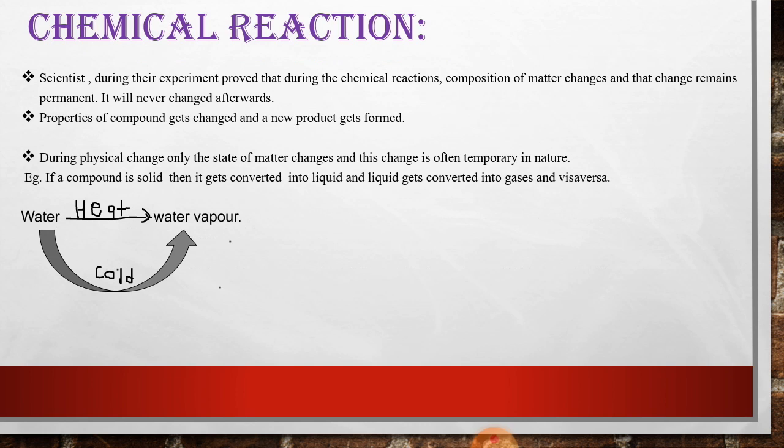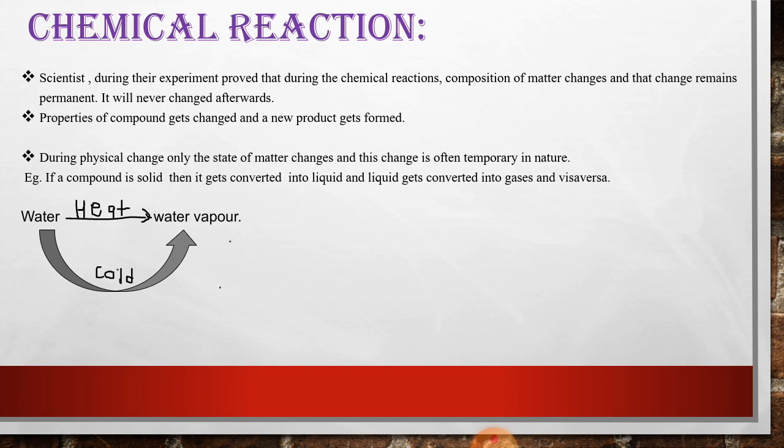During a physical change, only the state of matter changes and this change is often temporary in nature. So here there are two things, chemical change and physical change. In a physical change, the state of matter changes. If a compound is solid, it is converted into liquid. If a compound is liquid, it is converted into gaseous, or vice versa.